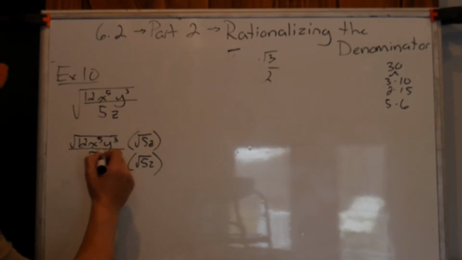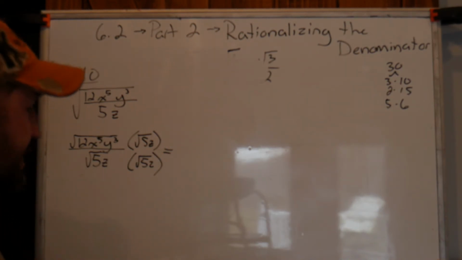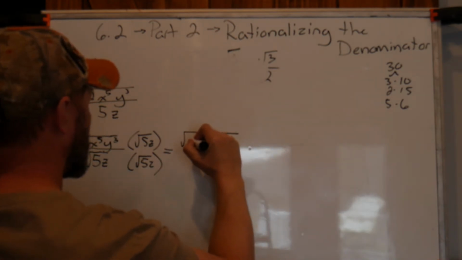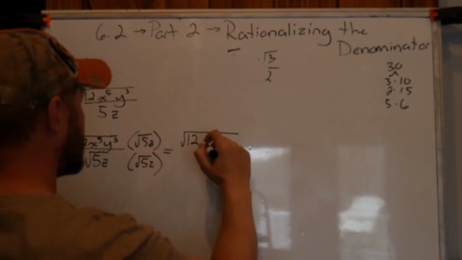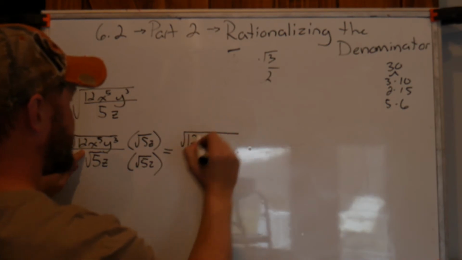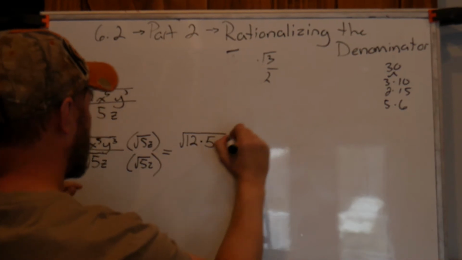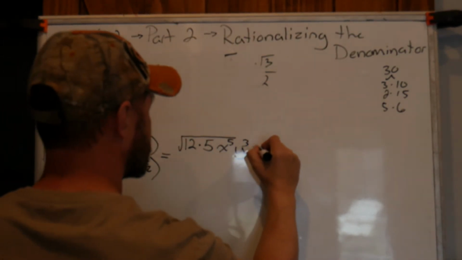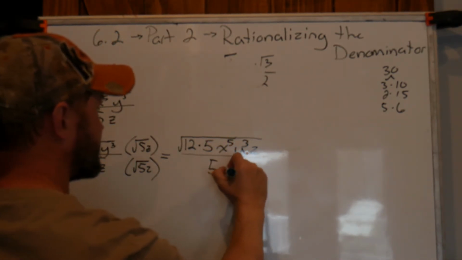Doesn't matter what it is. If we multiply a square root by a square root, whatever we had underneath is what we're left with. So up here, I have square root times square root, so I combine all this, and I had a 12, and I'm multiplying by a 5. I had an x to the 5th, y cubed, and a z. And that's all over 5z.